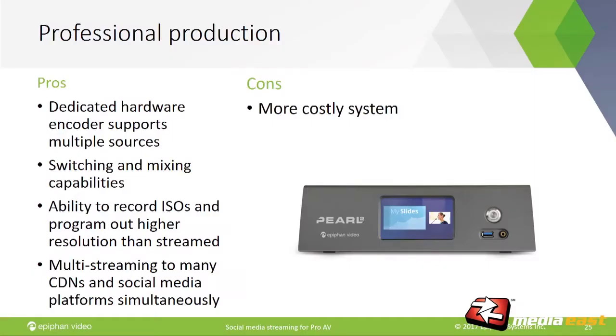So that's a couple of reasons why you might step up. It's certainly a more costly option, but it takes a lot of those multiple components, an HDMI switcher and a dedicated encoder and all of these extra pieces, and if you're doing this often, these highly integrated boxes make things very, very simple and allow you to record directly on the box as well as push live out.